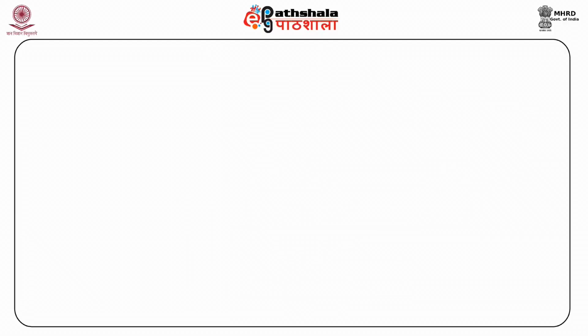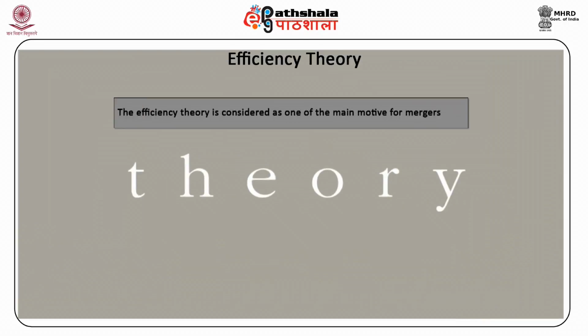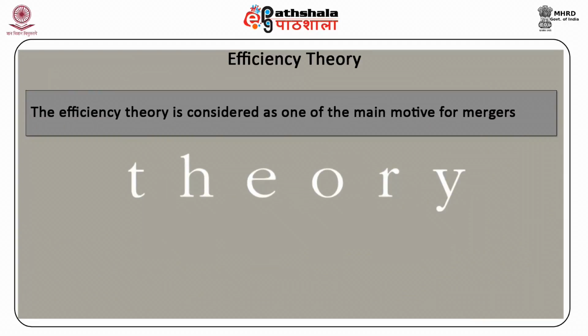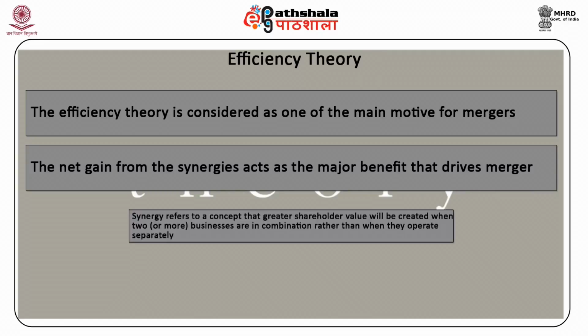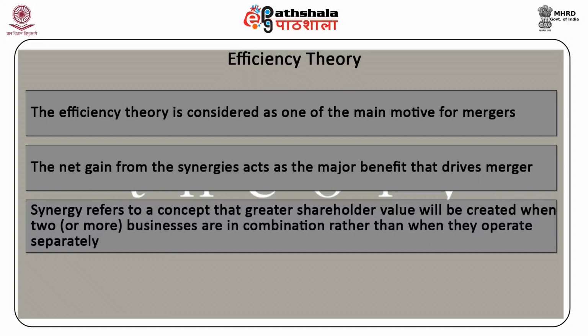Moving on to theories of merger, starting with the efficiency theory. The efficiency theory is considered as one of the main motives for mergers. The net gain from the synergies acts as the major benefit that drives merger. Synergy refers to a concept that greater shareholder value will be created when two or more businesses are in combination rather than when they operate separately.